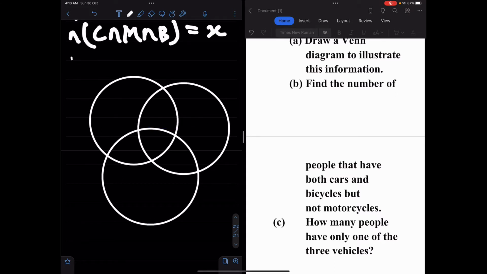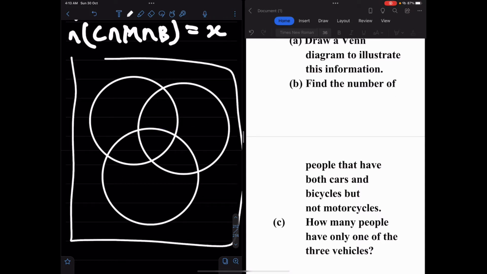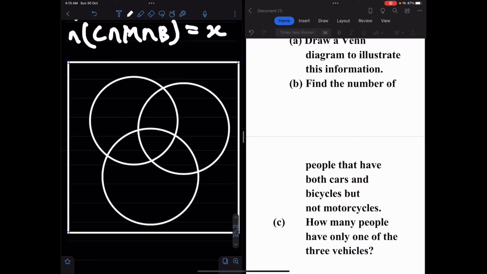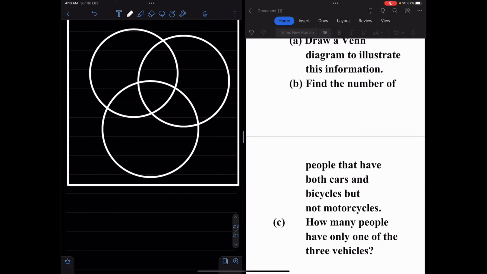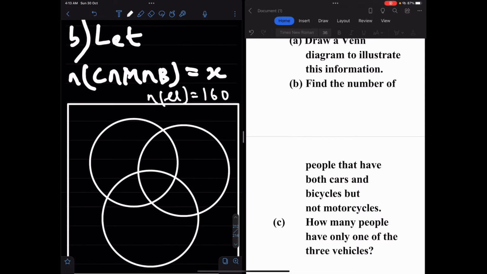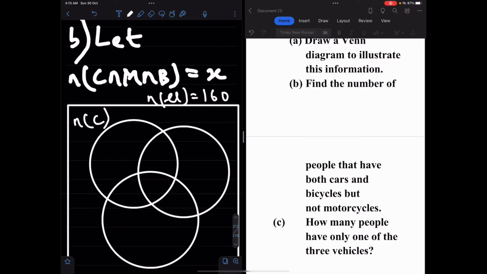So this is a universal set. This is a universal set, and the universal set has 160 elements in it. The cardinality of the universal set is 160. Now this is the set of people who have cars, and there are 70 elements in it.